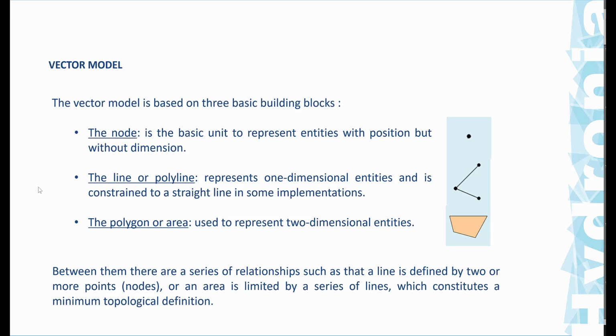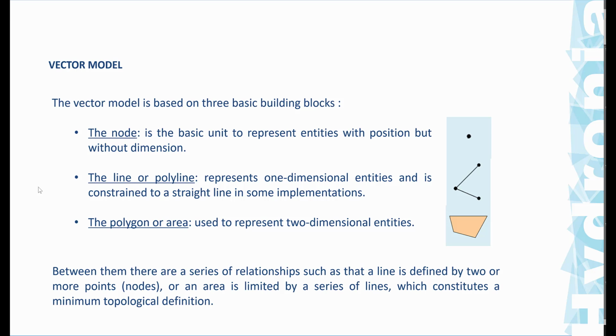So the vector model is based on three basic building blocks. First you have the node, as I mentioned, that is the basic unit that represents all the different entities. Then you have the line or polyline, and this polyline can have any number of nodes.